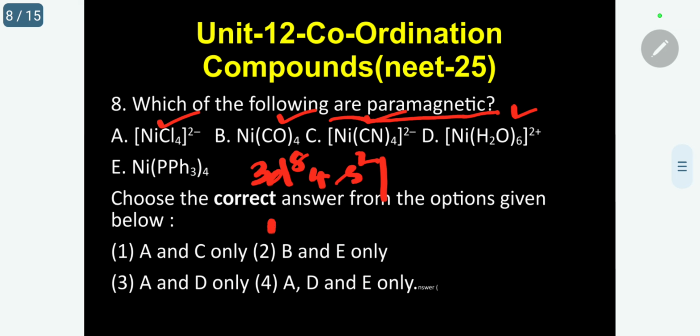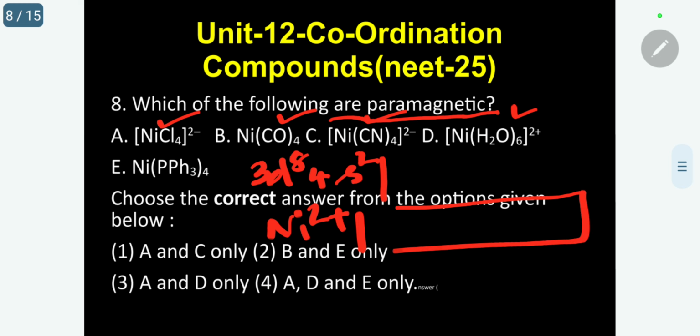That is nickel 2 plus, because the 2 minus charges are outside, so nickel 2 plus. Nickel 2 plus means 4s2 is gone, so d8 will be there. 1, 2, 3, 4, 5, 6, 7, 8.